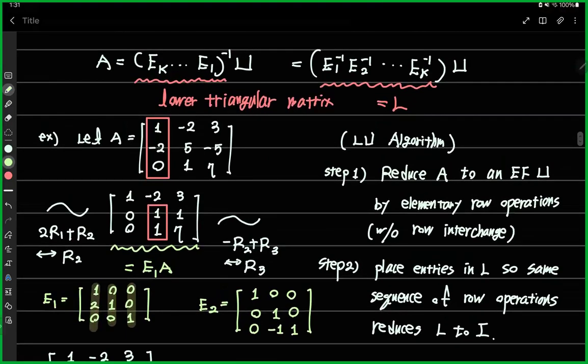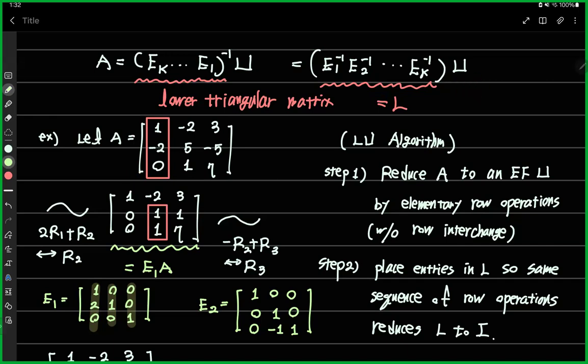Okay, so this is the LU algorithm. We define L and U, I mean, we factorize matrix A into L and U by finding the sequence of inverses of elementary matrices and reducing the matrix A to echelon form.